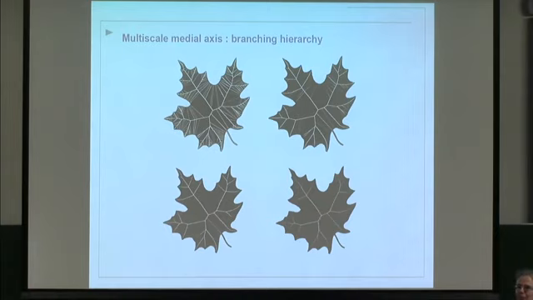So this one, I sort of chickened out. I did have a movie, but I didn't put it in because the file was too big, basically. But we did actually have 20 different ones where you basically compute the medial axis. So this is the maple leaf, and you get lots of little branches because of the behavior on the boundary, but then as you increase the threshold, you only get the most important parts.